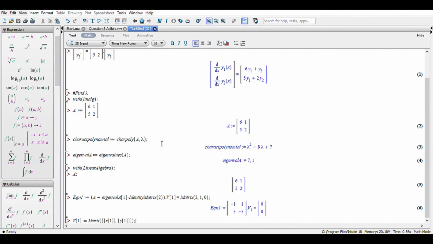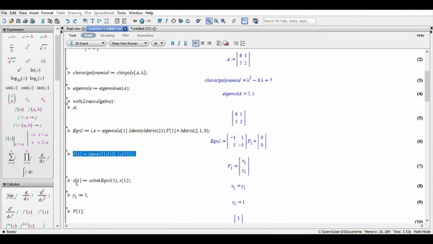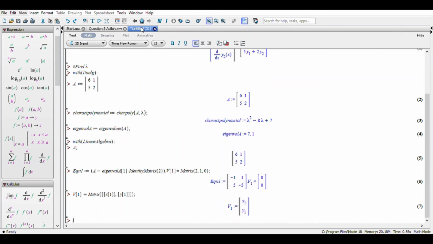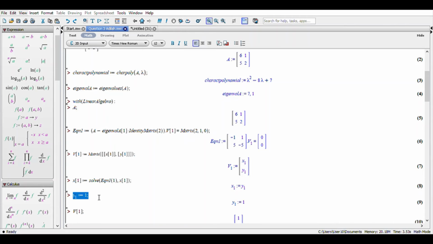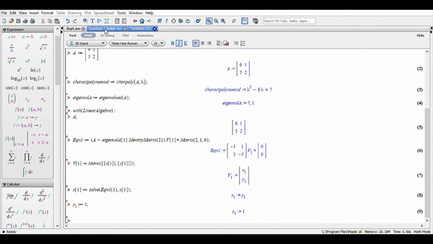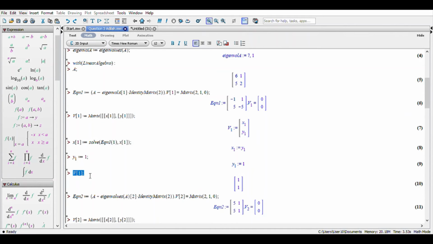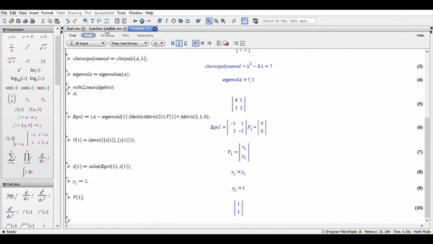We have to form the V1 first, and then we will solve and find the value of x1, which is equal to y1, and then y1 is equal to 1, and lastly we will get the value for v1, which is 1, 1.